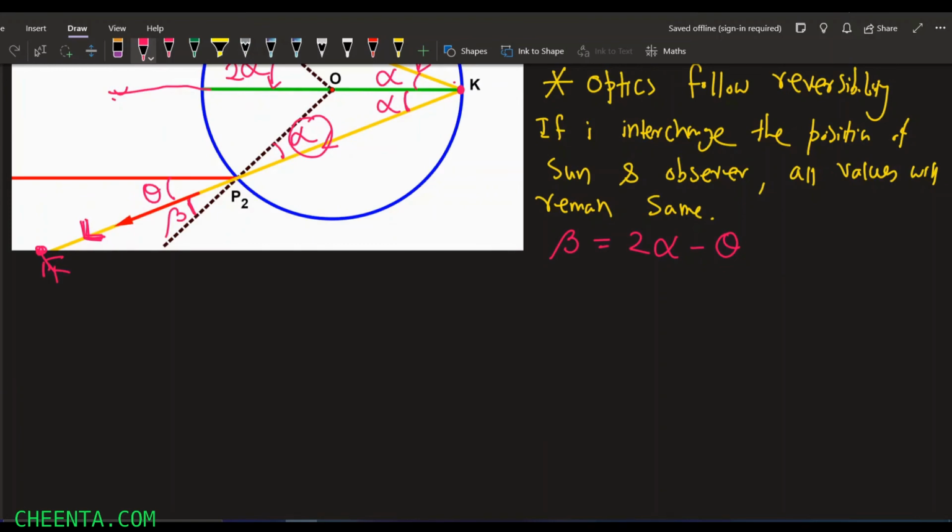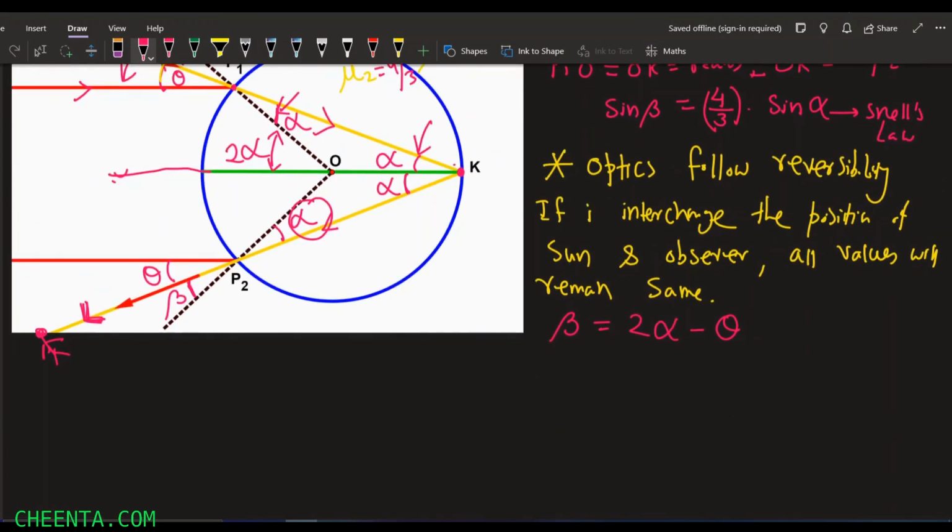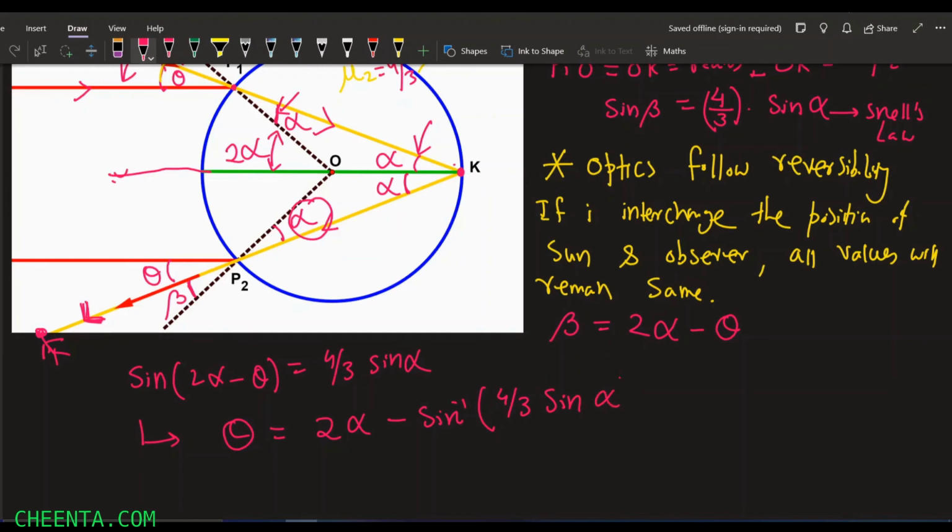Now using Snell's law here, I can use the value of beta in Snell's law, and we get something like this, which says that the value of theta equals 2 alpha minus sine inverse of 4/3 sine alpha.